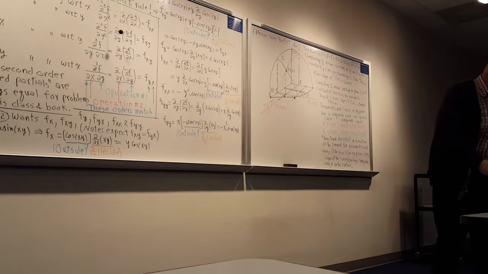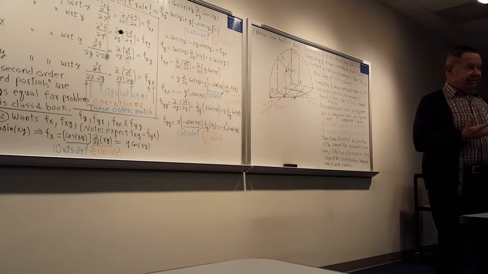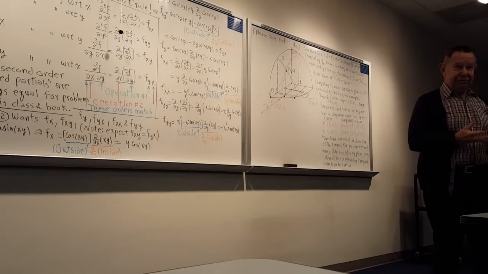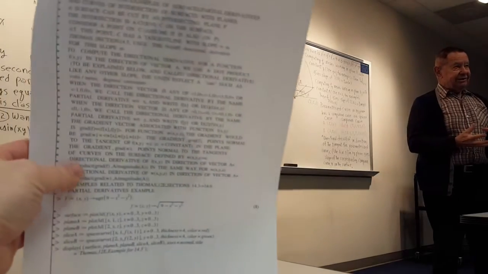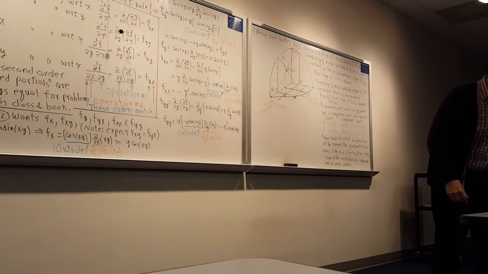And what we're after is talking about the slope of the curve of intersection formed by slicing into the surface at a particular point that's on the curve, of course, and on the surface.